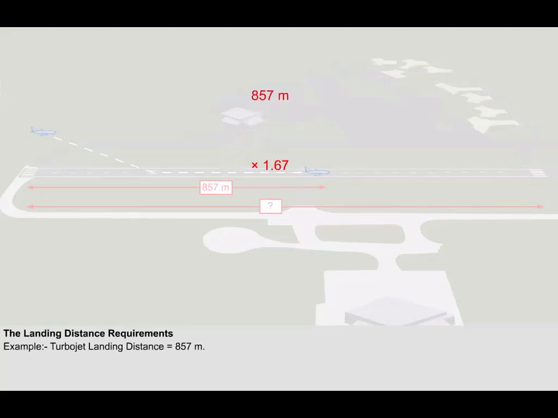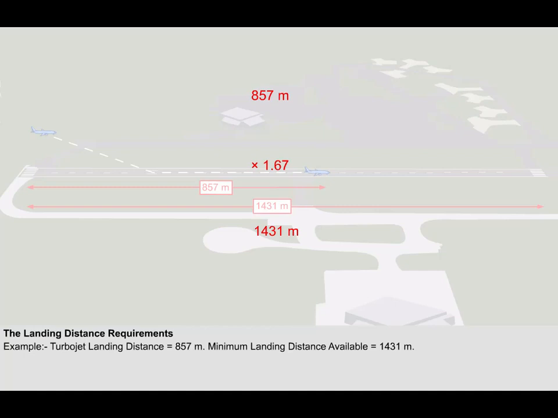For this example, multiply 857 by 1.67. This gives an answer of 1,431 meters. Therefore, the landing distance available must be more than 1,431 meters long.